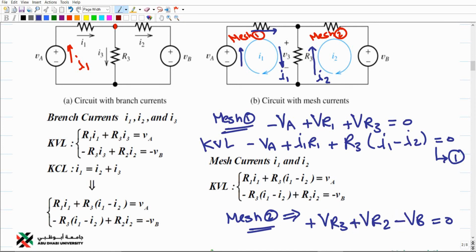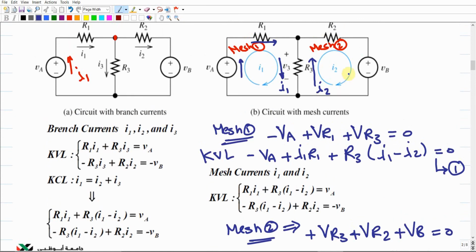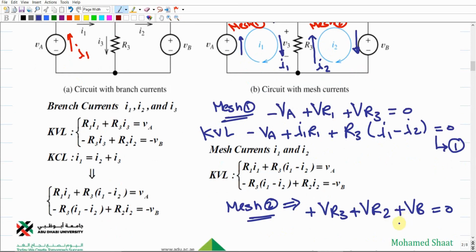VB as well should be positive. Why? Because if you observe the direction of the current I2, it goes from positive to negative. It means there should be a negative here, and since this is a source, negative times negative gives positive according to our method for Kirchhoff's voltage law.